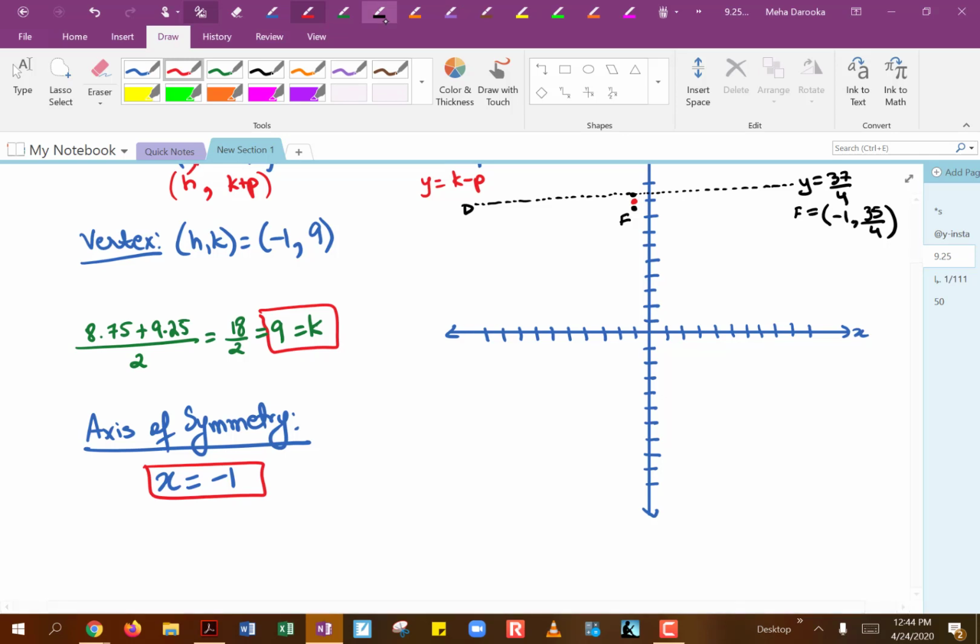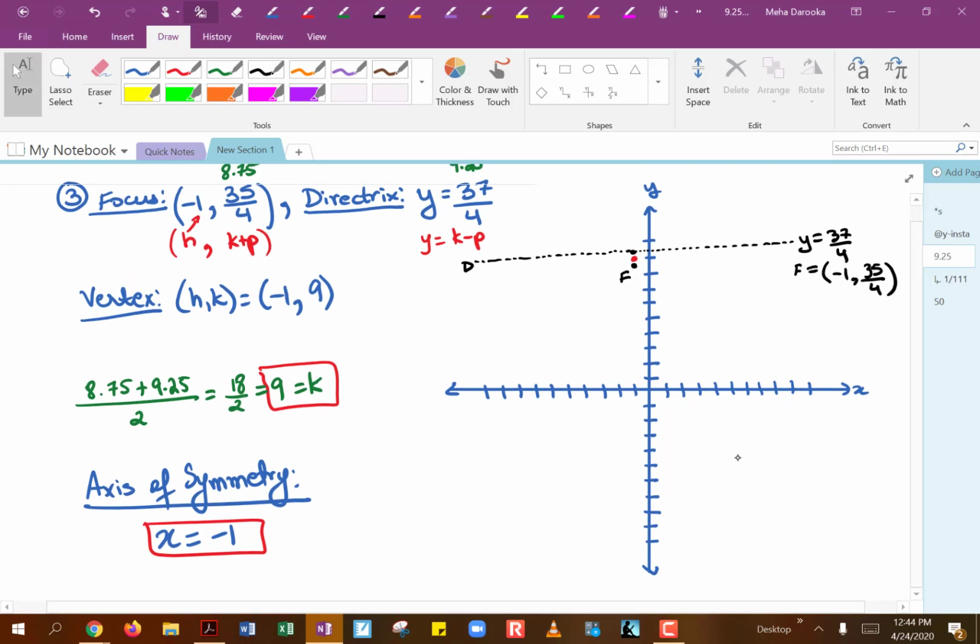I'm going to use green for our axis of symmetry, and it's going to be this vertical line that will pass through the focus and the vertex, and of course it's going to be perpendicular to our directrix. This one here is our axis of symmetry, which is going to be at x equals -1.